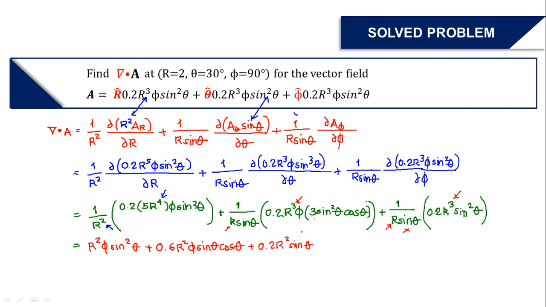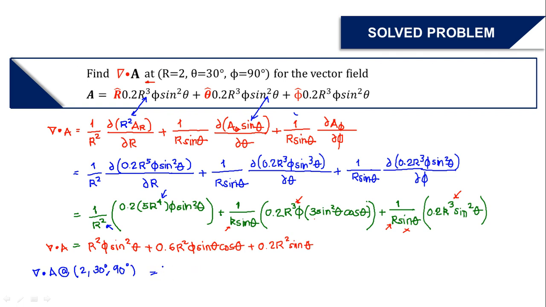Now, hindi pa dyan natatapos dahil pinahanap sa atin yung divergence at a certain point. No? So, sabi daw, that the divergence of vector A at point 2, 30 degrees, and 90 degrees is equal to, substitute lang natin lahat ng values natin dyan, no?